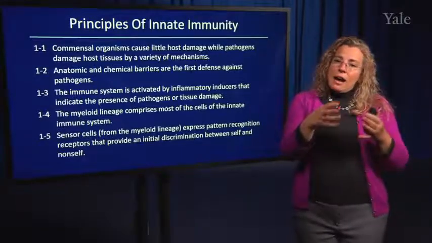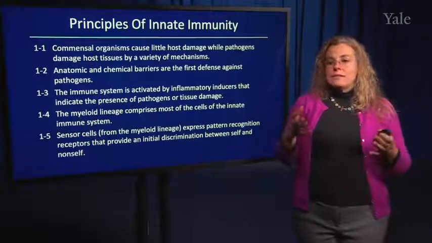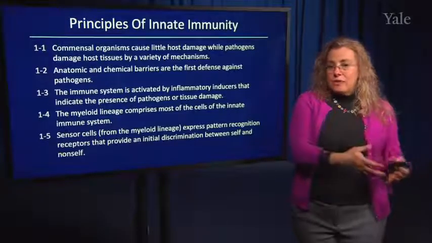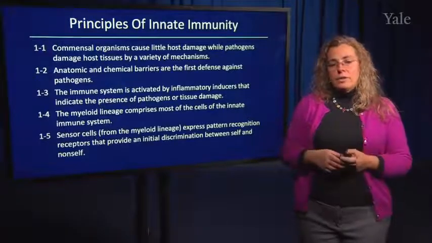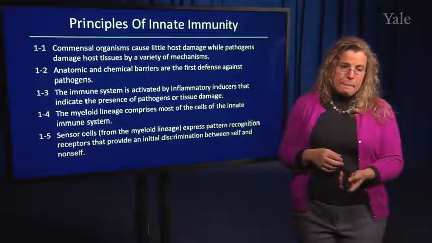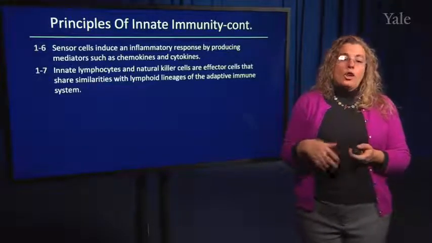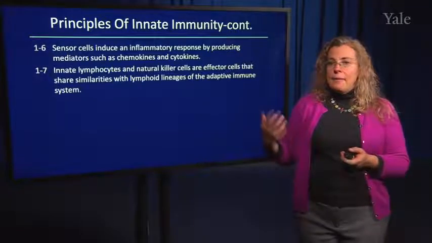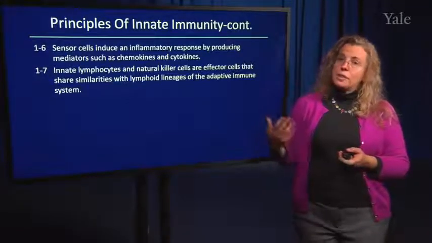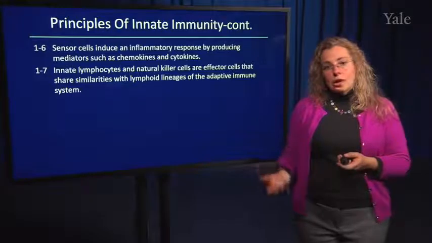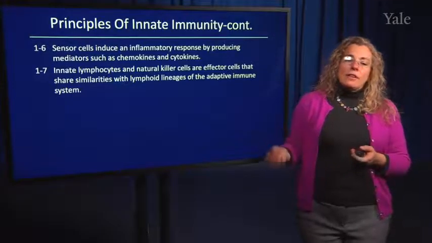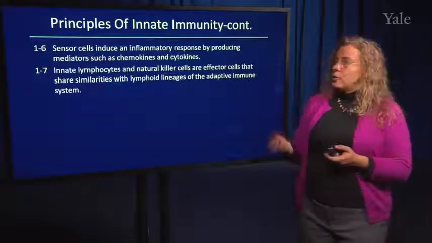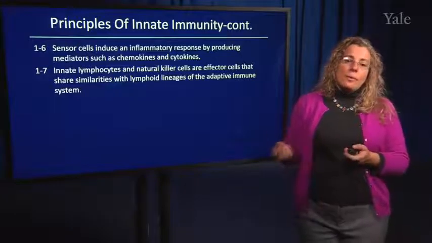And again, they're identifying broad classes of pathogens by patterns that look different among those different pathogens. Those sensor cells can also induce inflammation, and that's a way of recruiting help to the site. It's sort of sounding the alarm. And there are some innate lymphocytes, which you will learn about throughout the lectures.